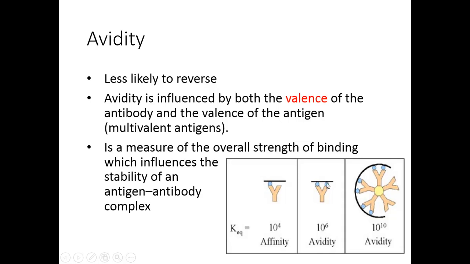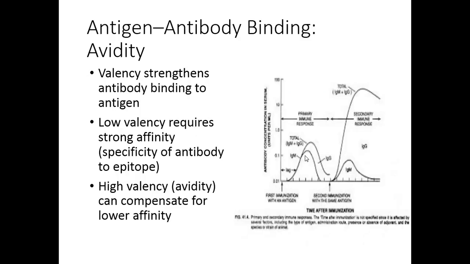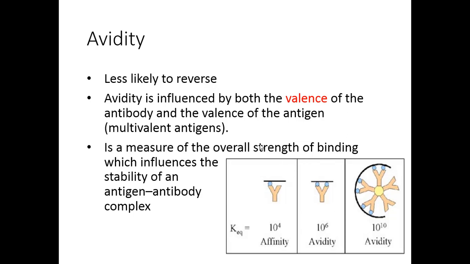But we have 2 weak bonds, and now we've got 2 epitopes being bound. By sheer force, we have a higher likelihood of being able to maintain those bonds, because even if one of the quote-unquote hands lets go, the other one's still holding on. You have time to grab it back up. Then this one lets go. The idea that they're both going to let go at once is low. So avidity is stronger.